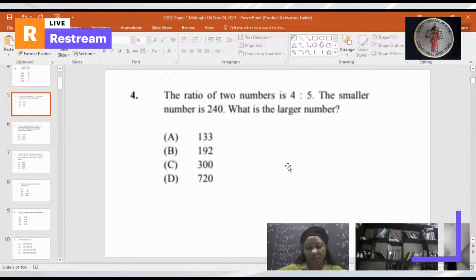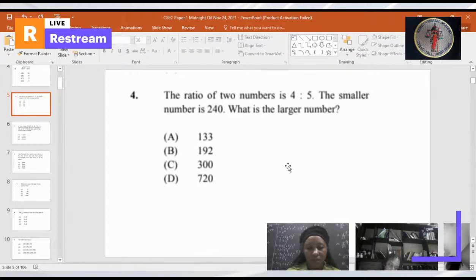So the ratio is 4 to 5. The smaller number is 240. What is the larger number? What's your approach? So the smaller one is 240 and the smaller ratio is 4, right?